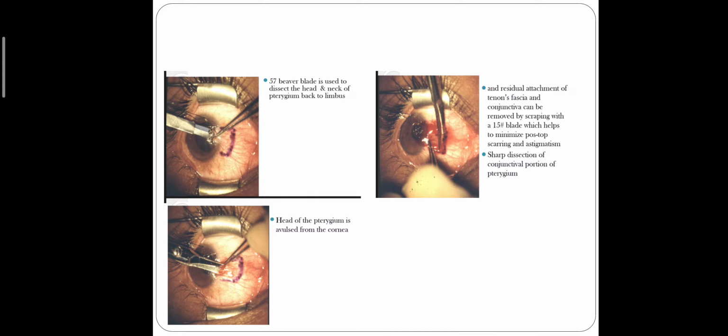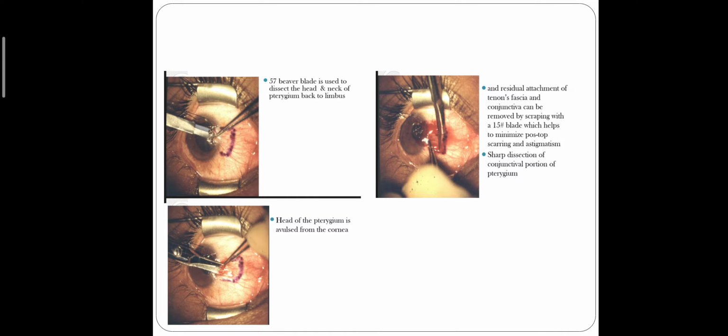So here, the pterygium avulsion and excision includes the removal of subconjunctival tissue. Any residual attachment of the fascia has to be removed using a number 15 blade on the cornea, and we have to minimize the removal to prevent post-op astigmatism, along with sharp dissection of the conjunctival portion of the pterygium.